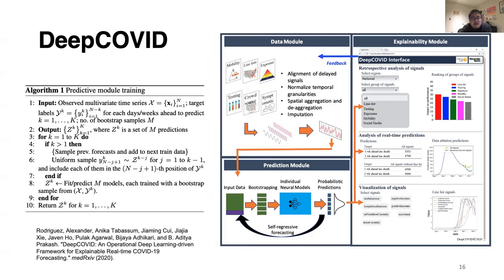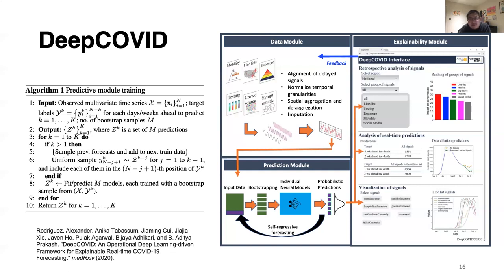And the pseudocode on the right actually shows the individual predictive modeling module. It uses a feed-forward neural network with autoregressive input to incorporate short-term dependencies in the time series to capture the epistemic uncertainty coming from the data.